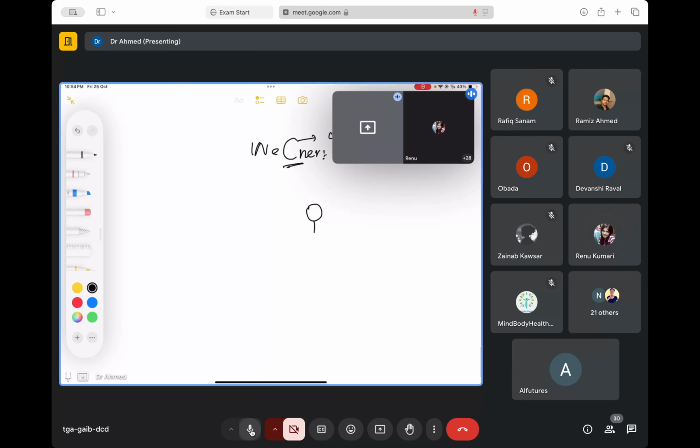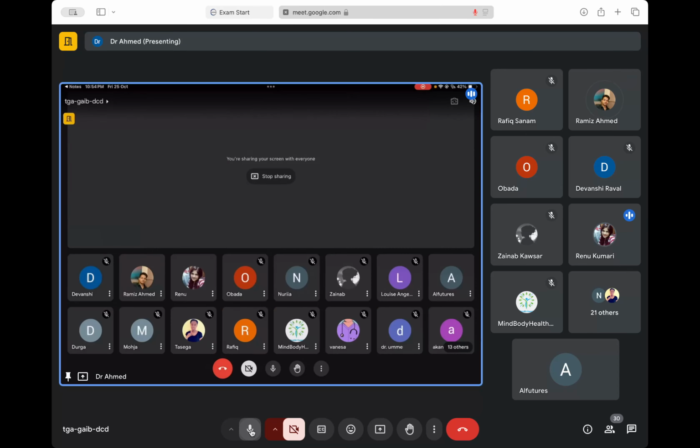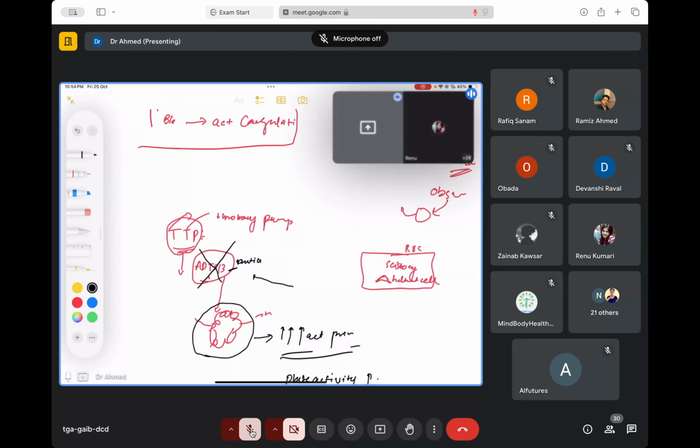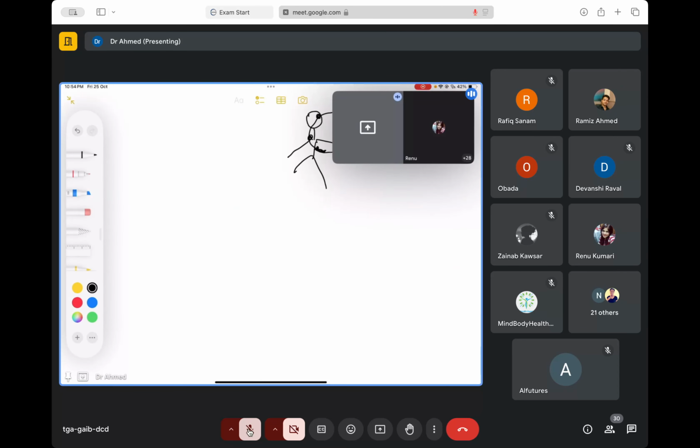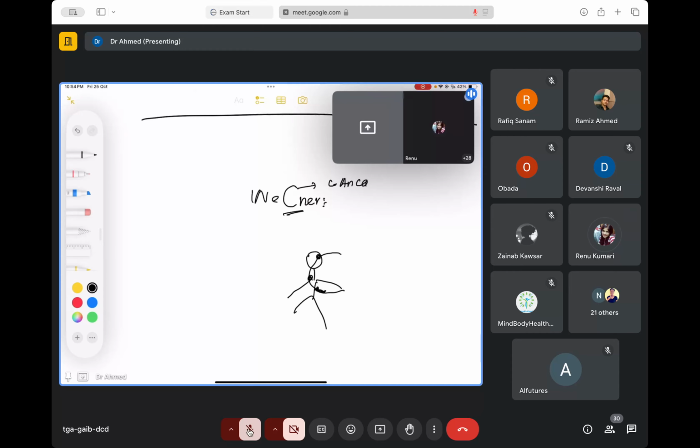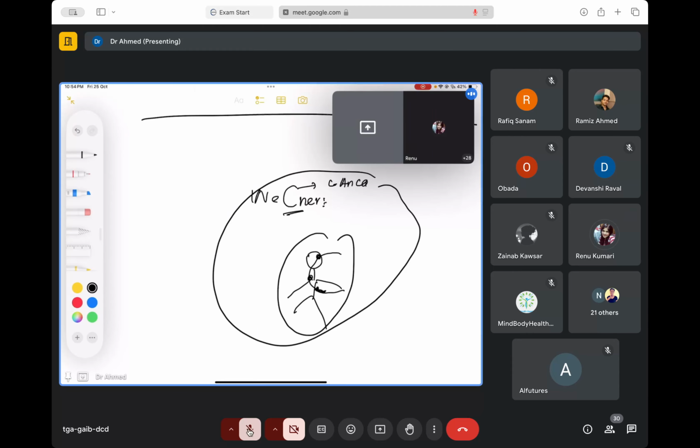Just draw a diagram. For example, this is your individual. Draw a C. You are going to see upper respiratory involvement, and involvement of your lungs and your kidneys. Just remember this diagram and you can simply diagnose each and every MCQ.